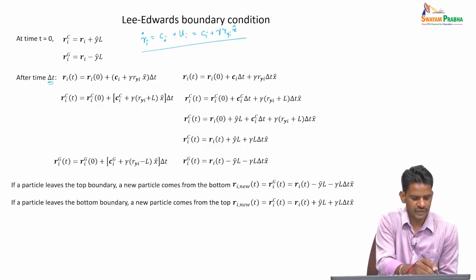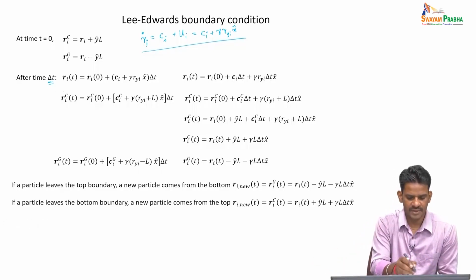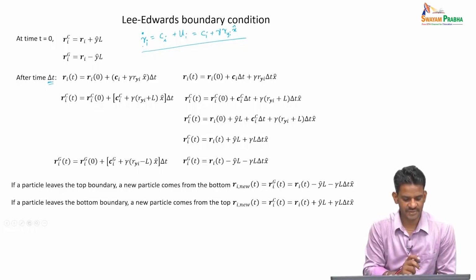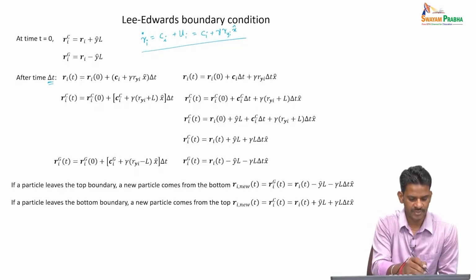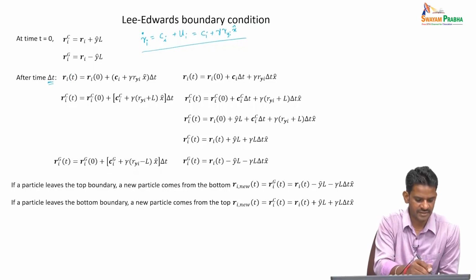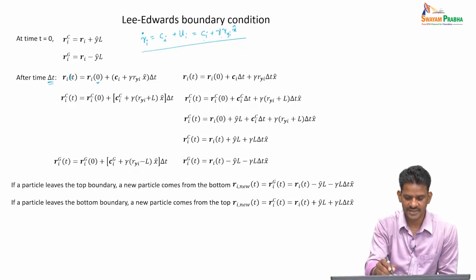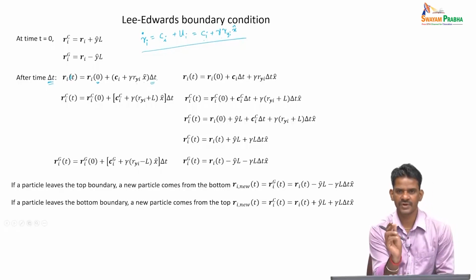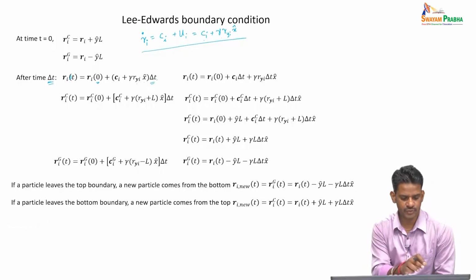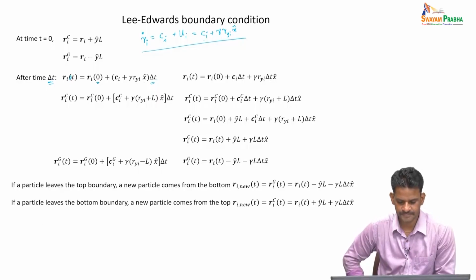Now, we will take a very small delta time t and then integrate this equation over the small delta time t. You will see that the position at time delta t would be the initial position plus Ci plus gamma R_yi x cap times delta t. Okay. So, over a small time delta t, this would be the new position.